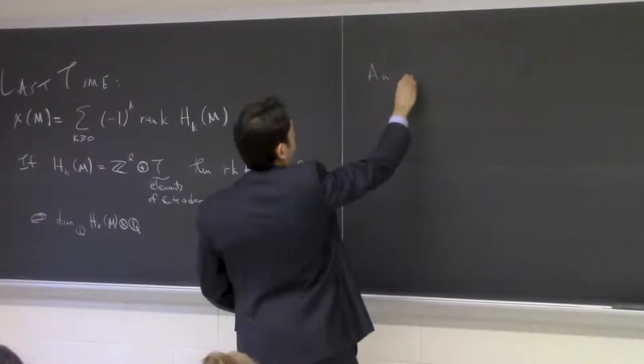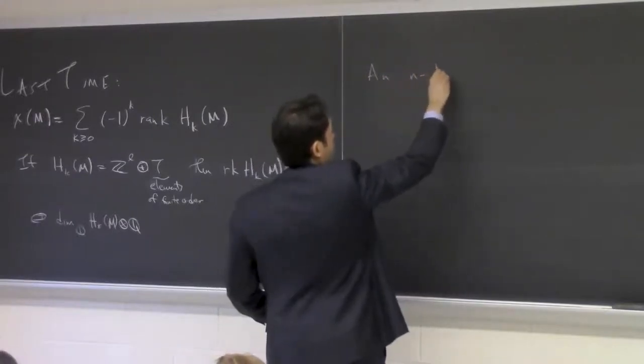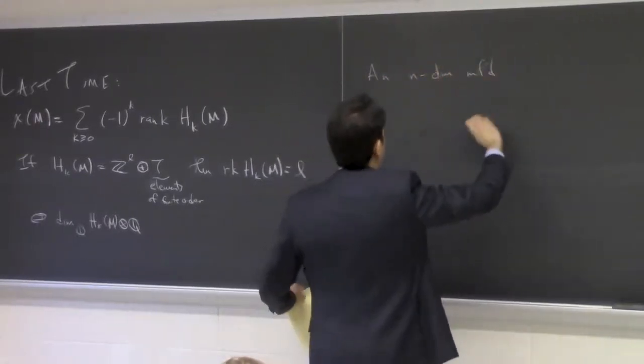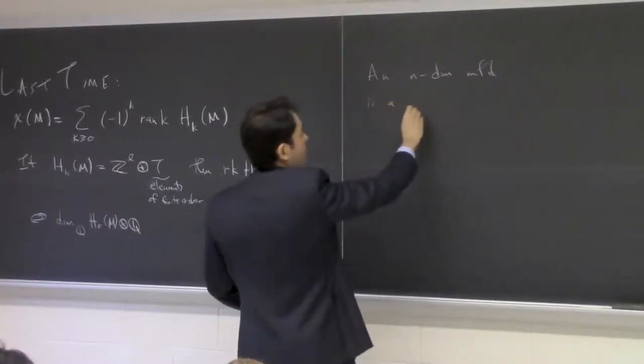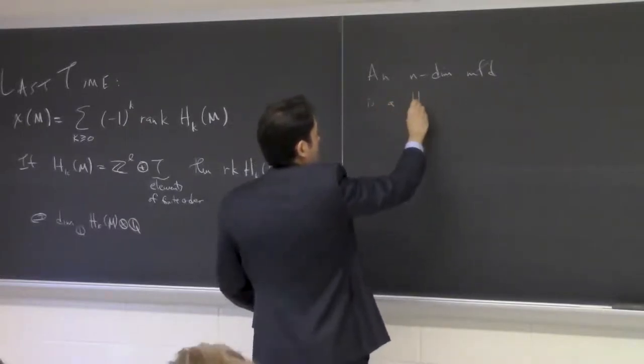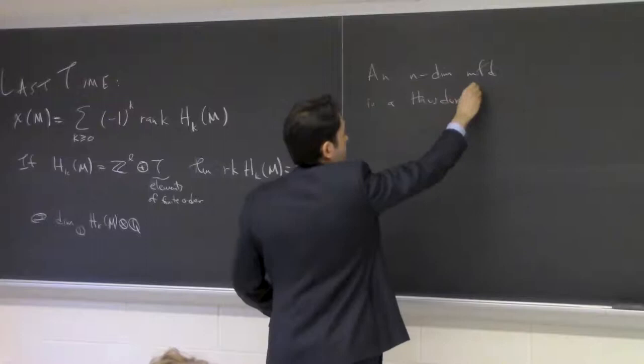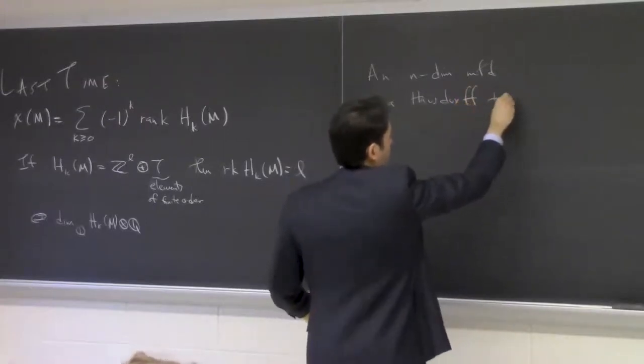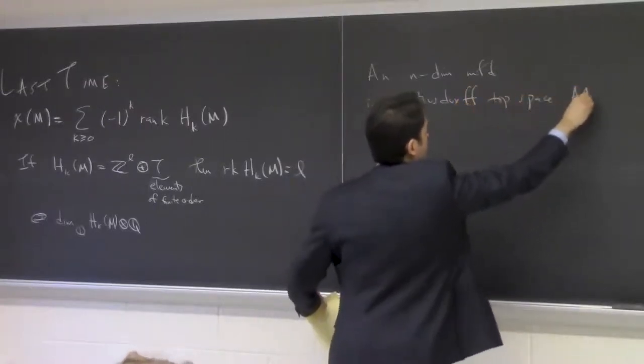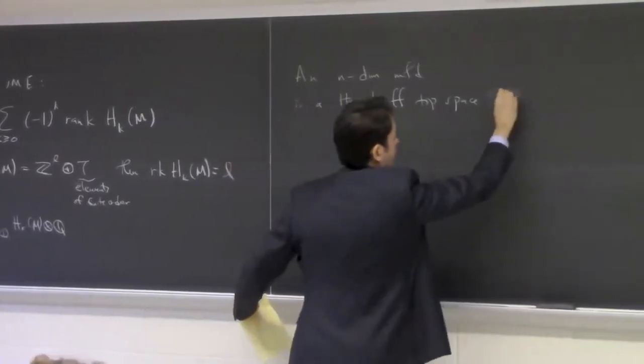OK. We also started talking about manifolds. So an n-dimensional manifold is a Hausdorff topological space. Let's call it M. Let's call it N because it's n-dimensional.